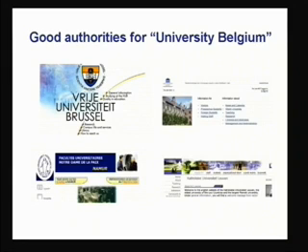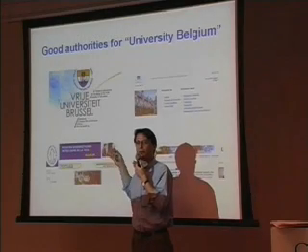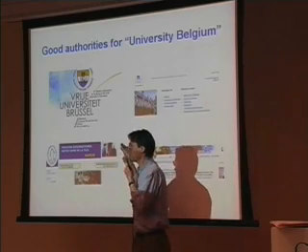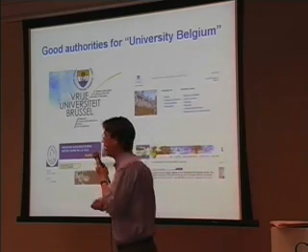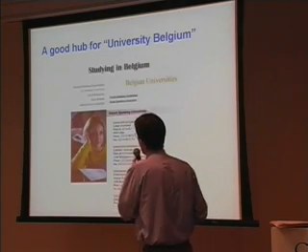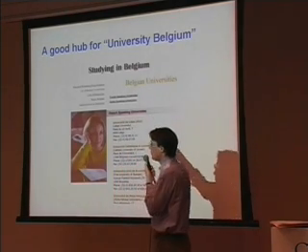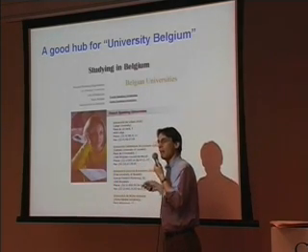If you type in a search word like University Belgium, then these pages would be good authorities because these are the home pages of different universities in Belgium. So these pages will have a very high authority score. Whereas this page has a number of links to other Belgian universities, and so it will be perceived as a good hub.